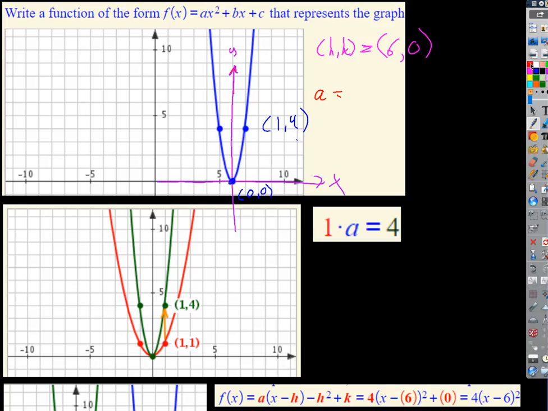Where would the parent graph be if I go over by 1, if I have the same x value? Where's the point going to be on the parent graph? 1, 1, right? I go over 1 and up 1.